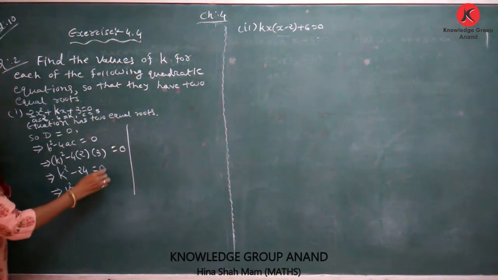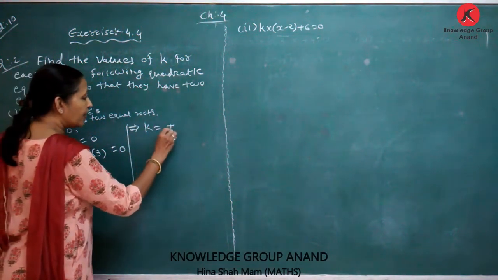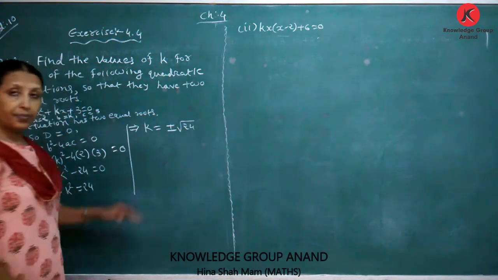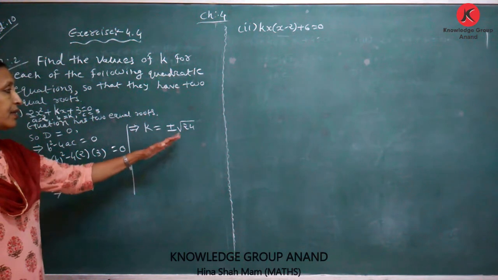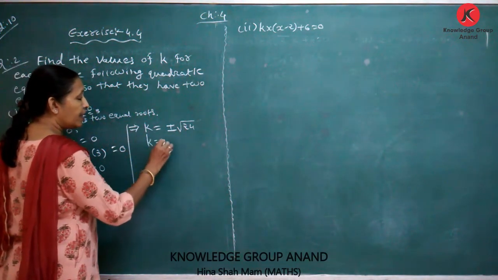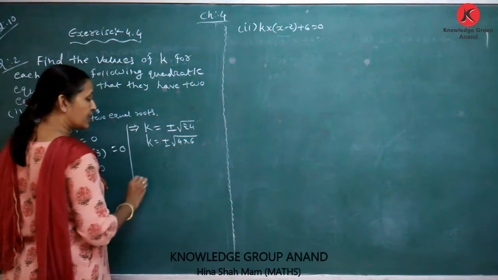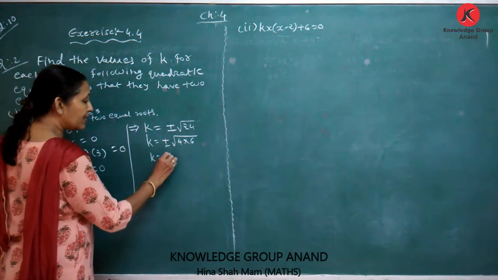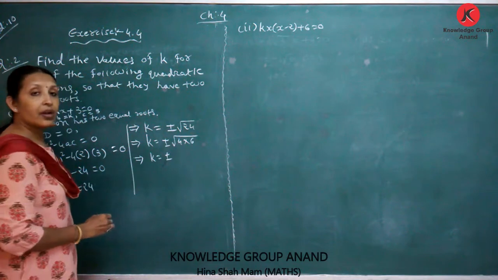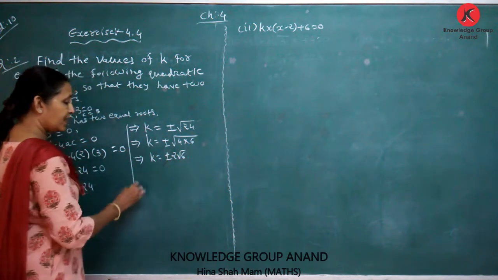k square is equal to 24. Therefore, k is equal to plus minus root 24. To write both values, plus minus root 24. What is root 24? Factors of 24: 4 times 6 is 24. Then k is equal to plus minus square root of 4 times 6, which is 2 root 6.